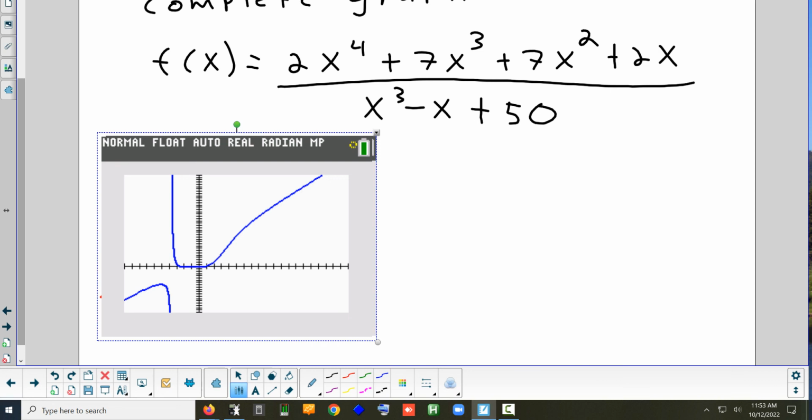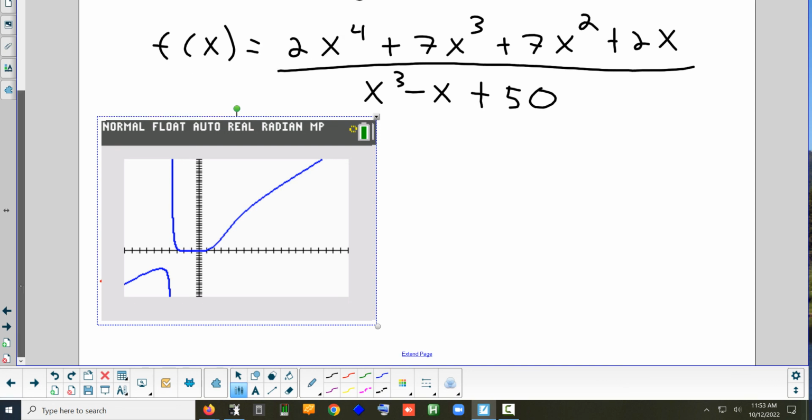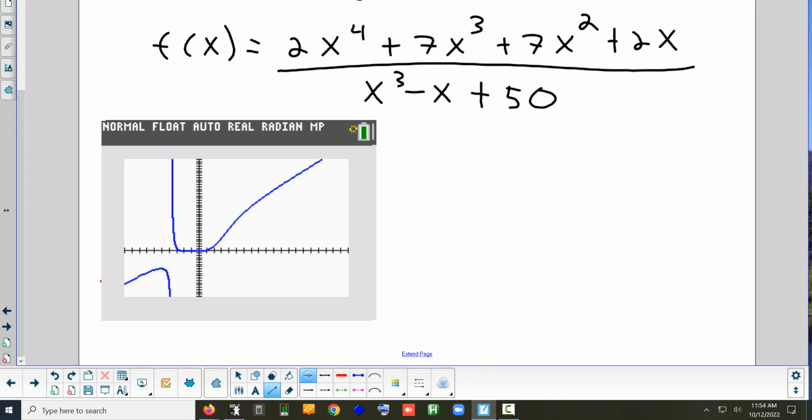But is there anything there that we might want to check out a little closer to see if there's something hidden going on? The table to see if there are holes. So since we have an asymptote here, we don't have to worry about a hole in this one. There might be multiple asymptotes there. Those two lines, what, the diagonal one?